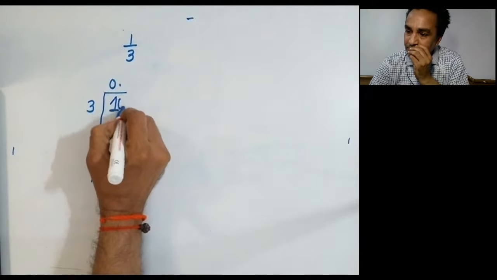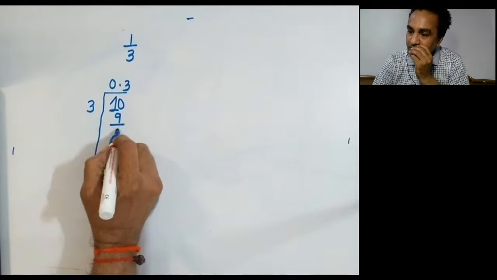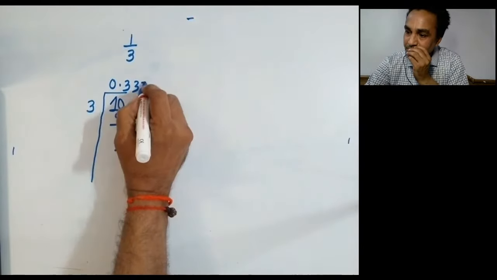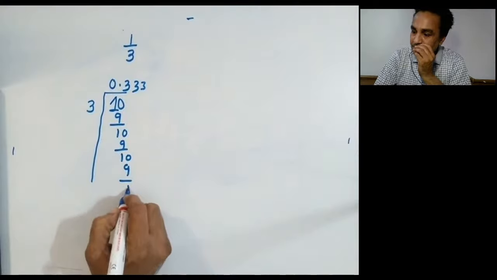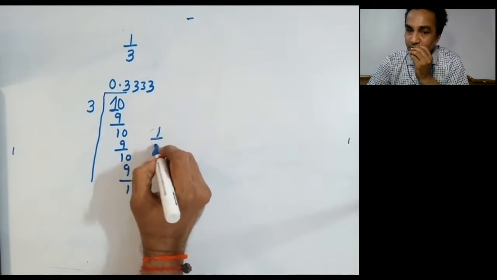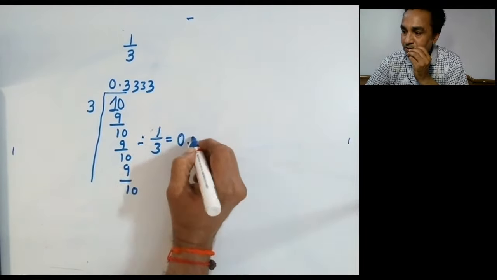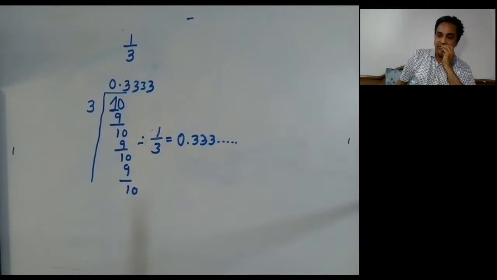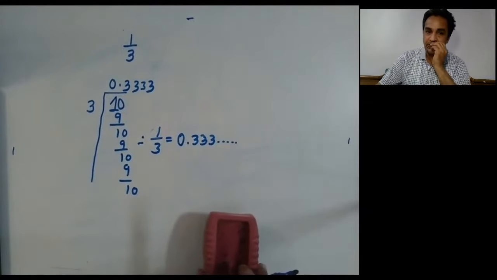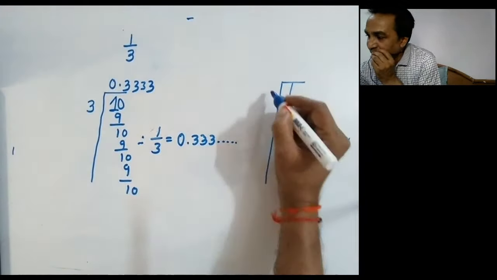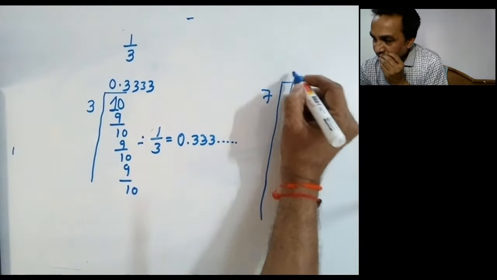So you know that 1 divided by 3 is equal to 0.3333 and so on. Now what about 1 by 7? Let us see.